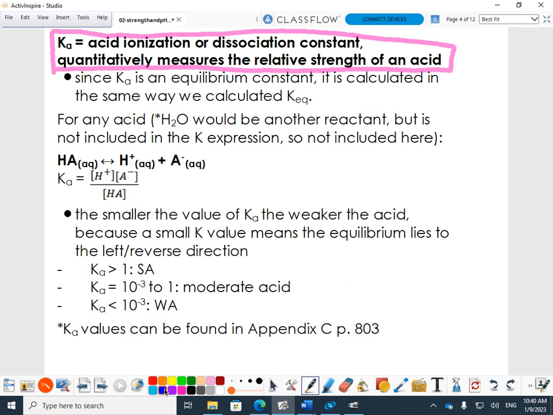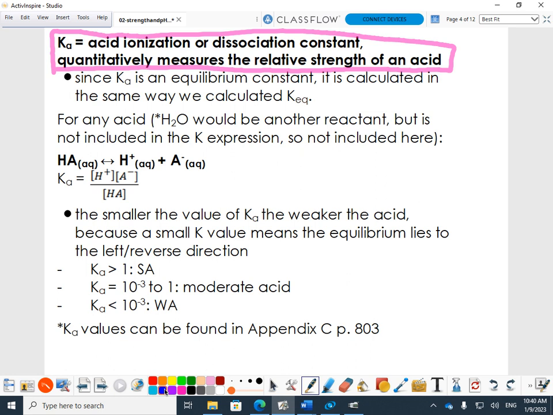So Ka, A stands for acid, is how it is calculated. So for any acid we could technically write this equilibrium expression. The products are always ions in a dissociation equation, so it's the concentration of the ions over the concentration of the acid.